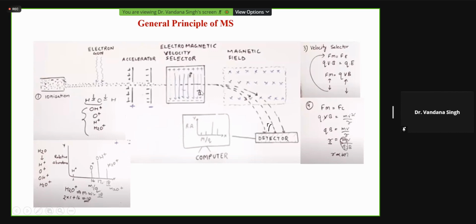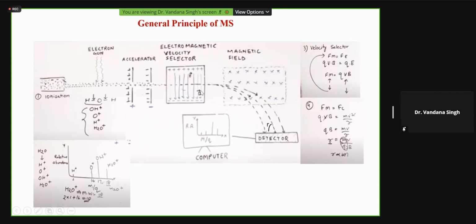Similarly, if we apply a direct current to it, it will also disturb this charged population, and this current will deflect these charged molecules due to the electric forces.